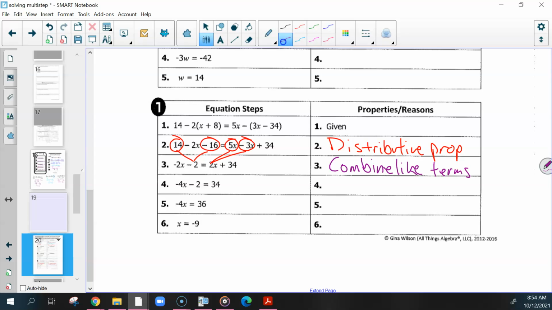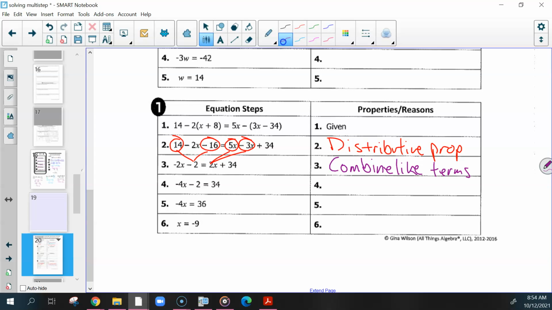And then from step 3 to step 4. What did they do there? Add 2 to this side. Next, step 3 to 4.